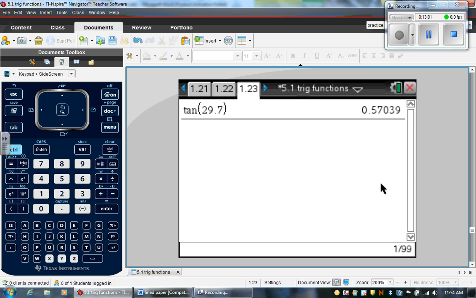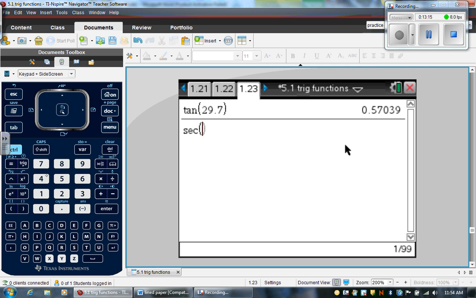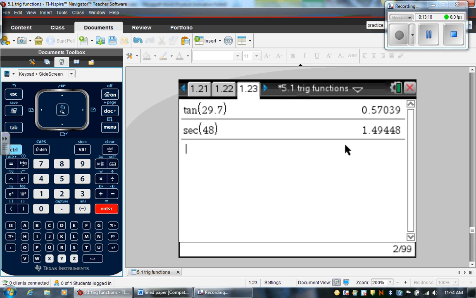Okay. So rounded to 4 decimal places, we're looking at 0.5704. The next one was secant of 48. So again, you're going to use your trig key, select secant and 48. And we get to the nearest 4 decimal places, 1.4945.